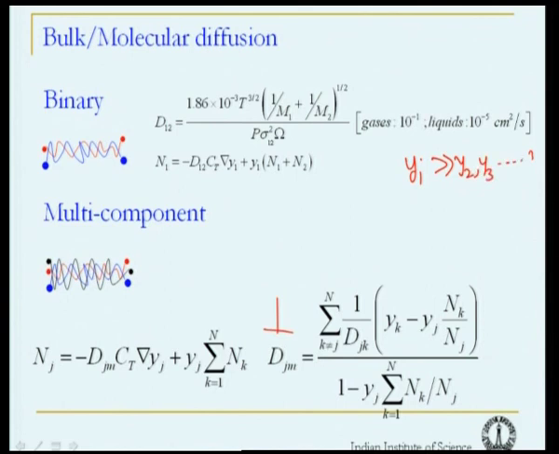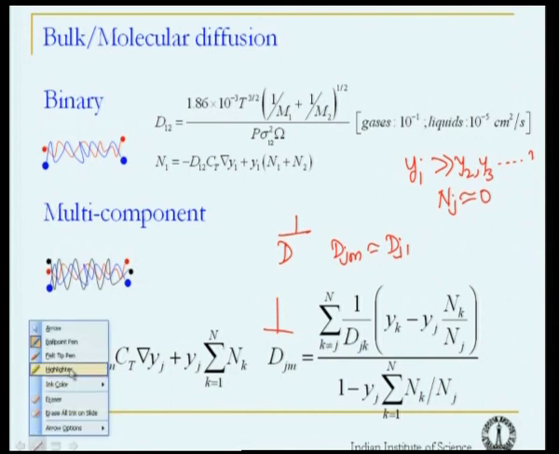So, all other components are present in dilute quantity, and if we assume that the flux Nj of all other components is more or less similar, then if we simplify this equation, we get DJM equivalent to DJ1, that is, the mixture behaves as if it is a single component mixture. Okay.